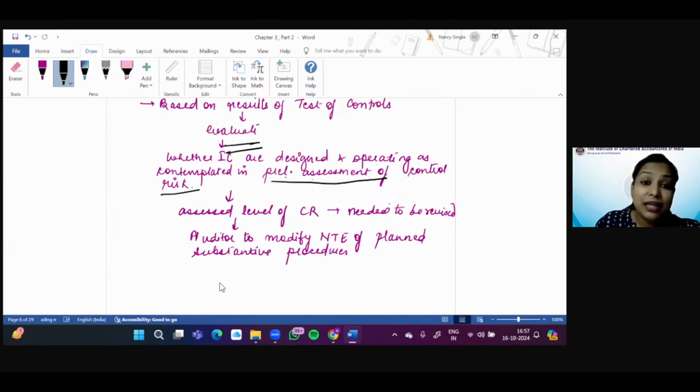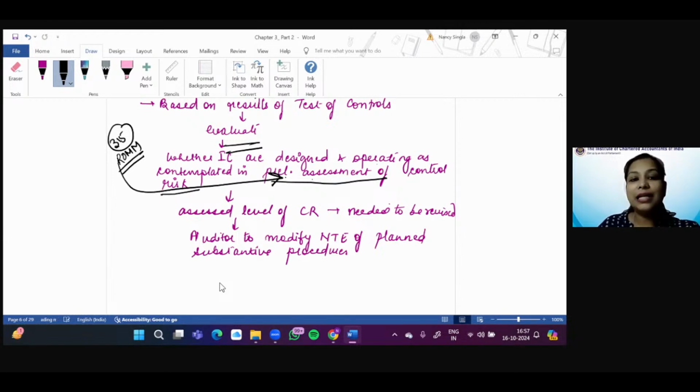See, here the auditor is actually testing the internal control. When he was identifying and assessing the risk of material misstatement under SA 315, there he was only identifying and assessing. Now he is actually testing. So whether his preliminary assessment of control risk is correct or not, or whether that needs to be revised.